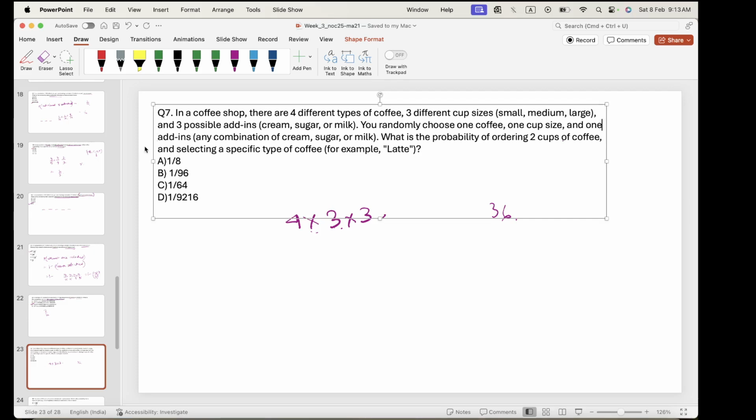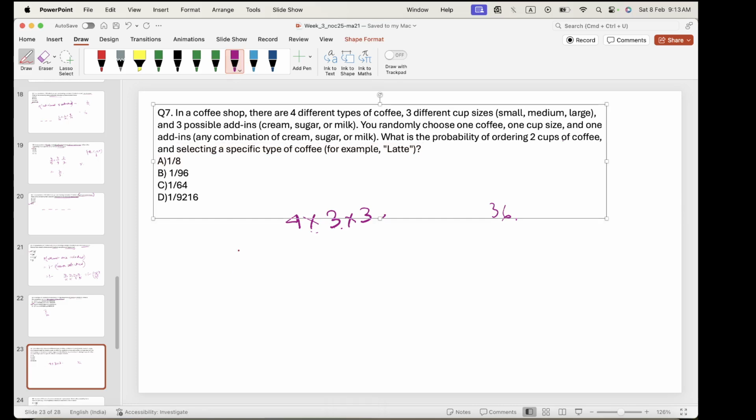So I could have these many possible coffee choices. First things first, the probability of ordering a specific cup is that I order any one out of the four.